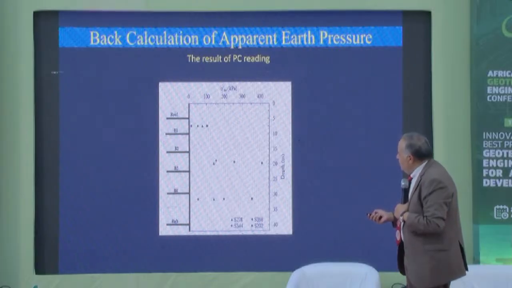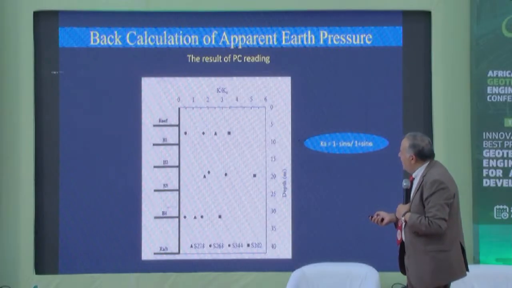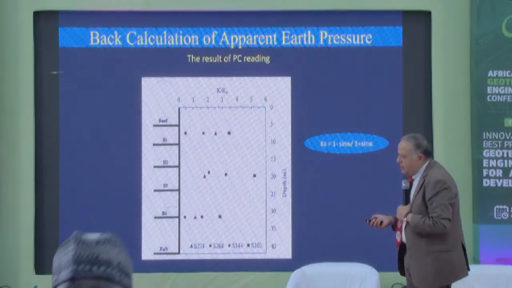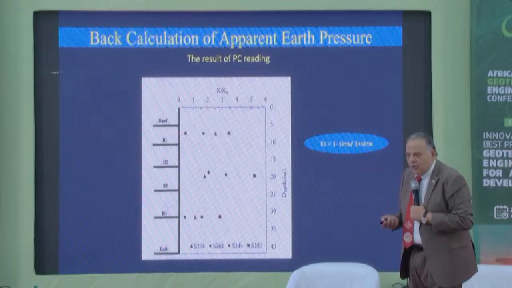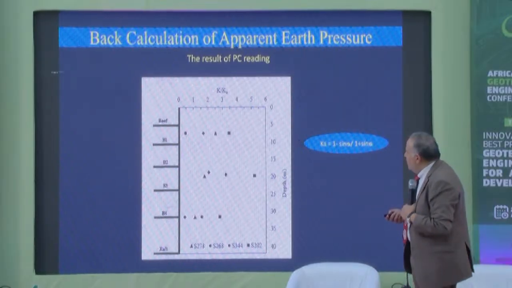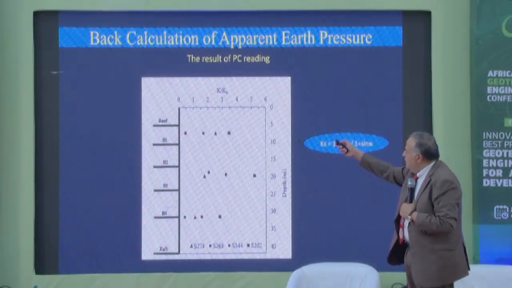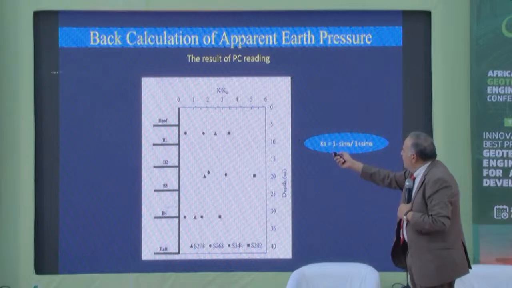We divided this by sigma prime V0 in order to obtain the K, the coefficient of horizontal or lateral pressure, and then we normalized it by K active.